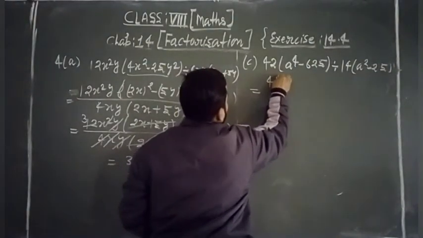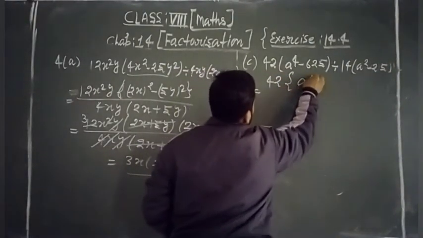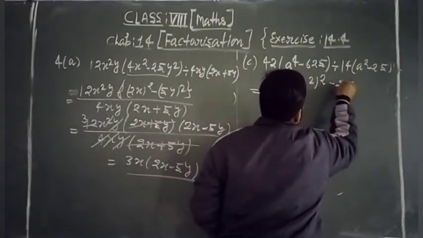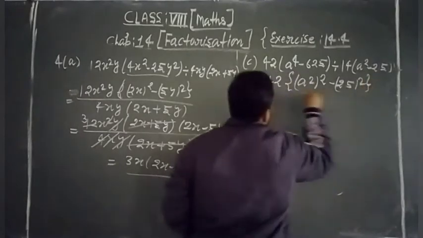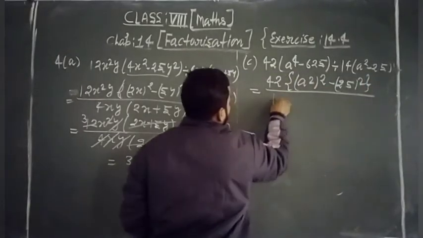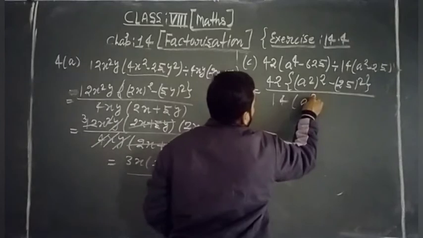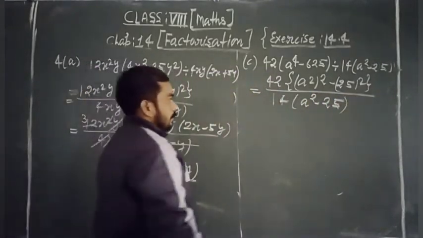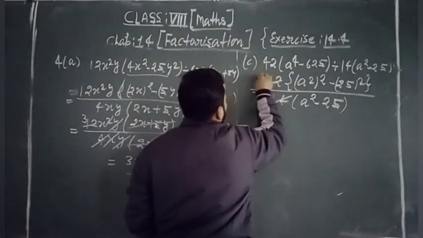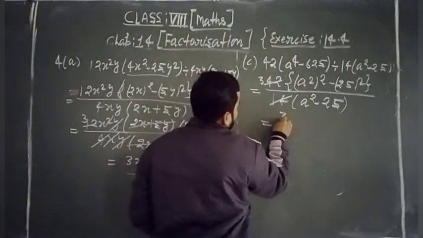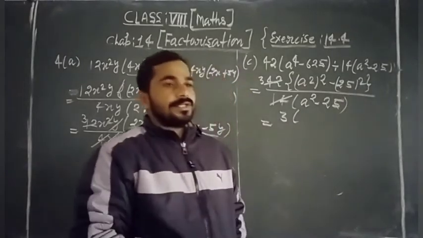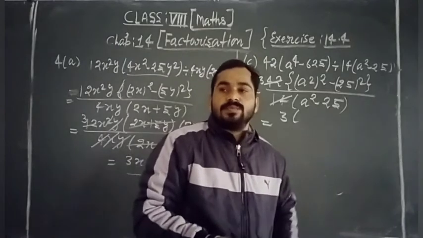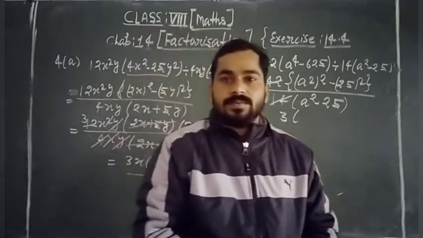42, write this as a square whole square minus 25 whole square, divided by 14 bracket a square minus 25. 14 times 3 is 42, then 3 bracket, using the identity a square minus b square. We know that a square minus b square is equal to a plus b and a minus b.